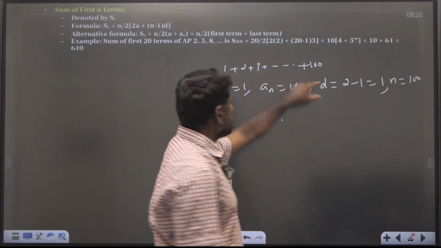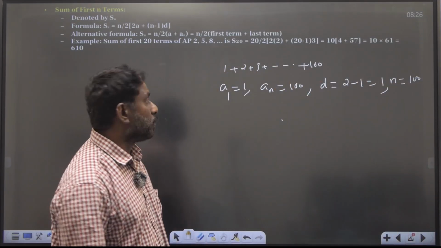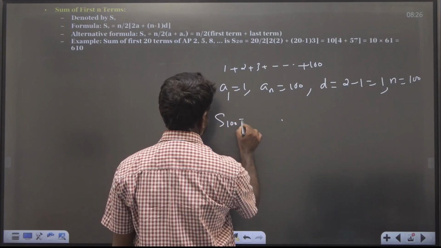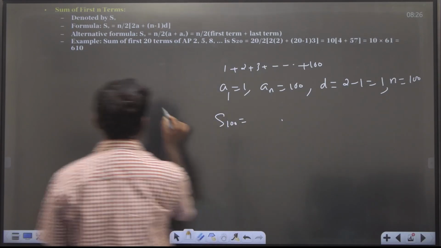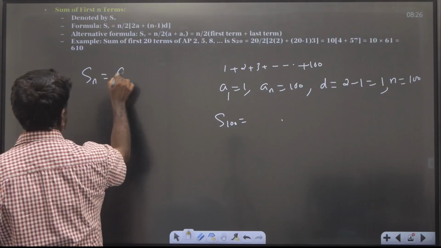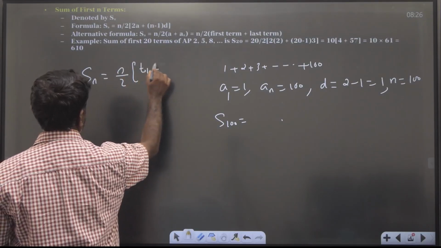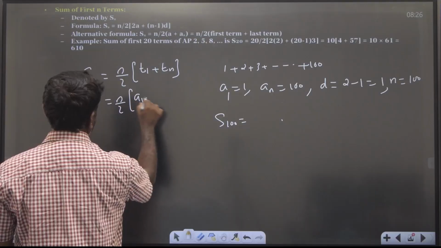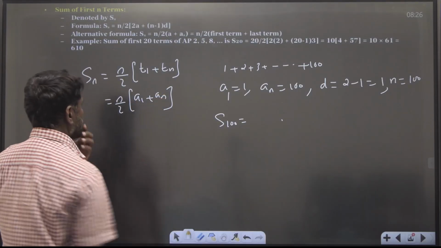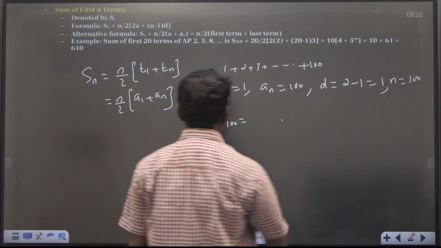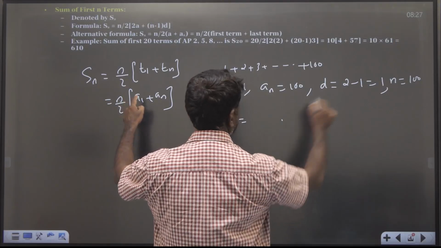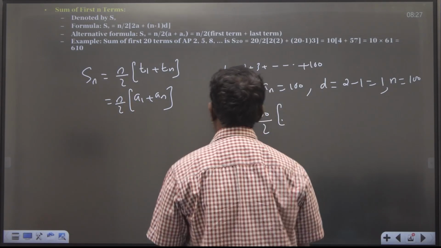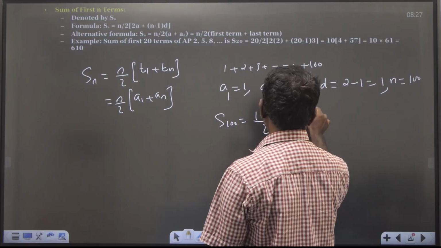Here, the first term and last term are known, so we can apply this formula. First you write the formula. Sn is n by 2 into T1 plus Tn, or n by 2 into a1 plus an. Both are the same. So n is 100: 100 by 2 into first term 1 plus last term 100.